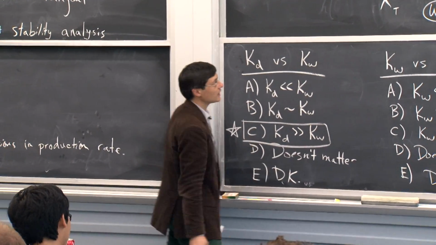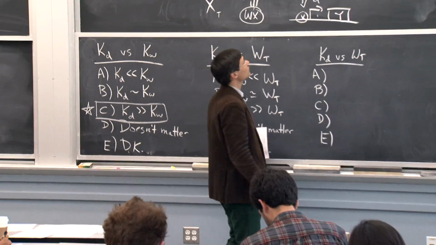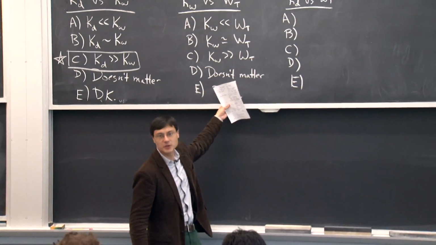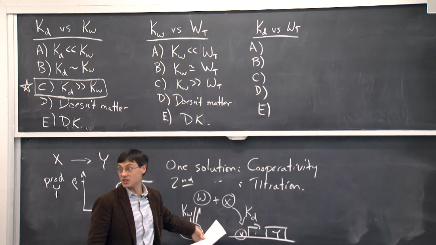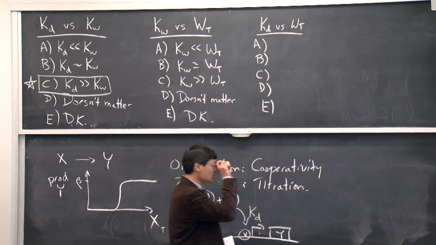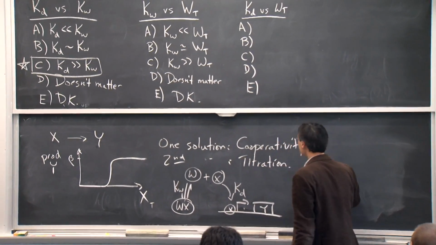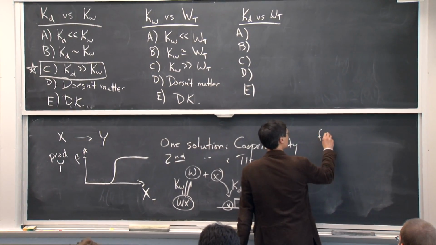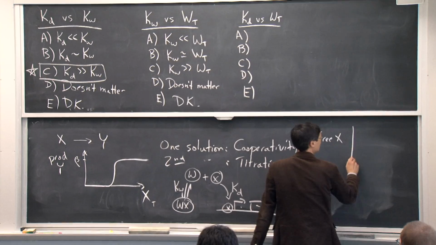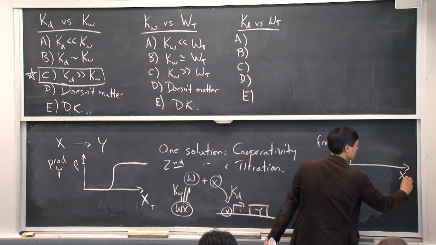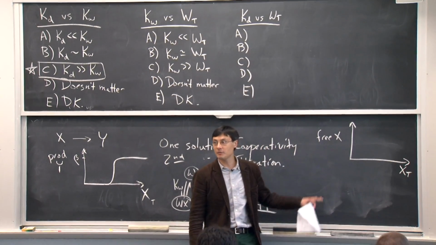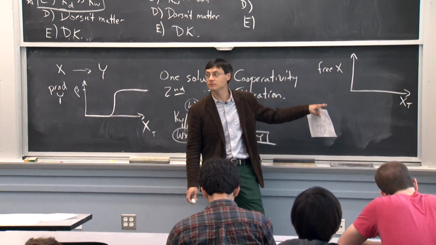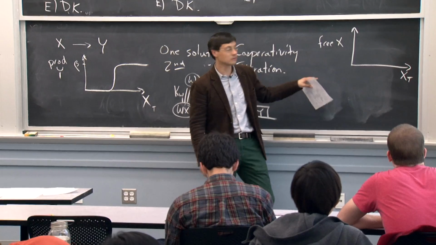So the idea here is that what you'd really like is, in principle, if that KW is perfect, that corresponds to going to 0. Then if you plot the free X as a function of X total, what does it start out being if KW is 0? 0, right.